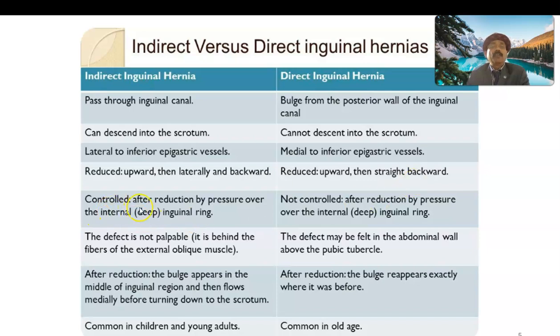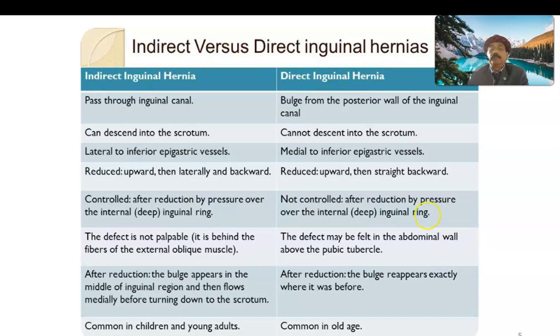Indirect inguinal hernia is controlled after reduction by pressure over the deep inguinal ring. Direct inguinal hernia is not controlled after reduction by pressure over the internal inguinal ring, because the direct inguinal hernia doesn't go through the deep inguinal ring.